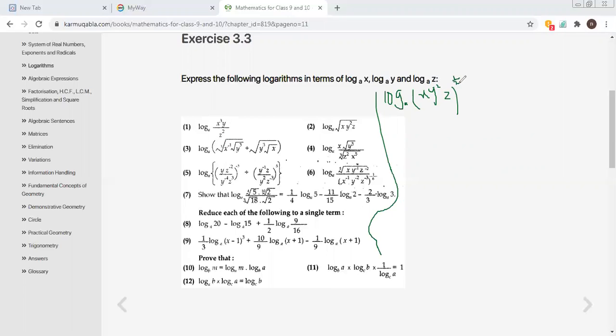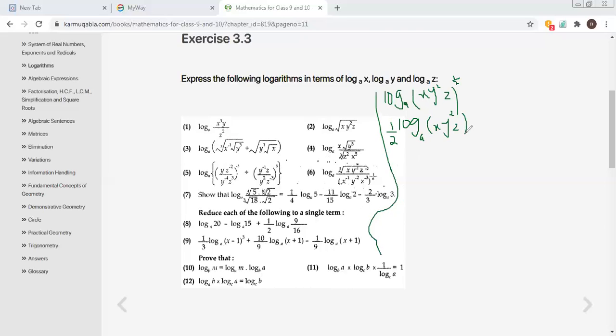Any confusion here? In place of the square root, we write the value of the power. We know that square root is equal to the power 1 upon 2. Now class, according to law number 3, the power will be written with the product form. It becomes 1 upon 2 log of a and then x y square and z.